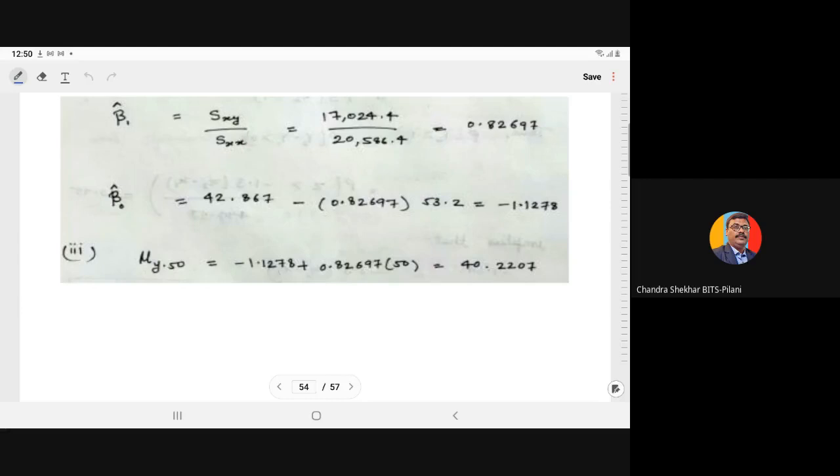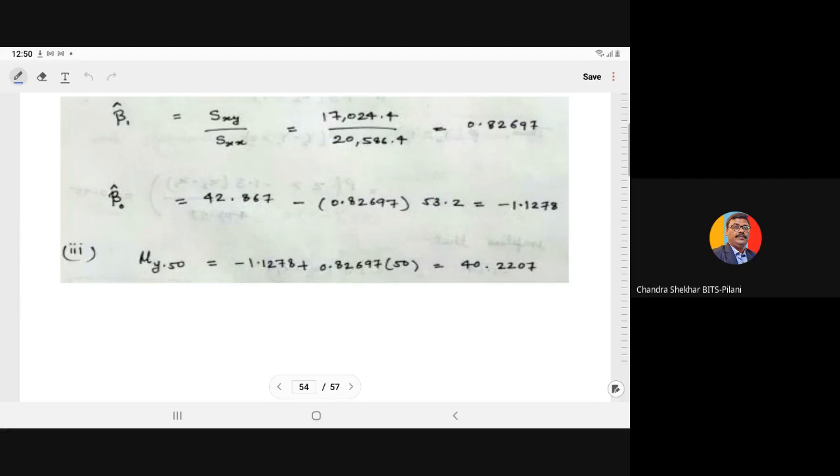These values you can also compute by making the normal equations, so from the normal equations you can determine the same thing. So the equation of the regression line, or you can say mu of y for the given x, will become beta naught plus beta 1 into x.